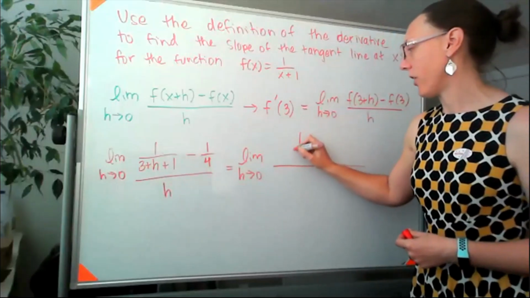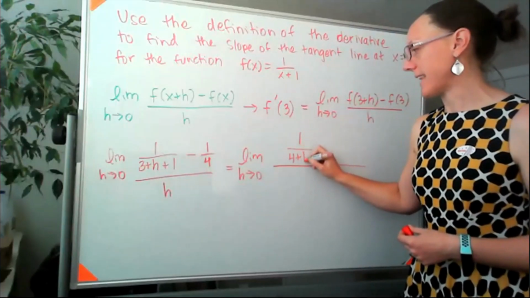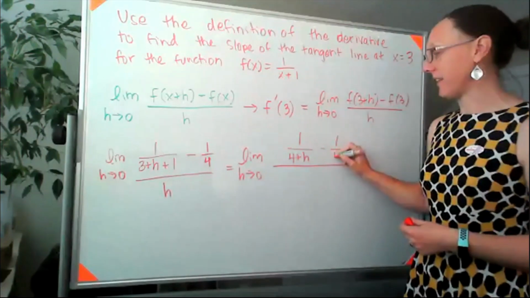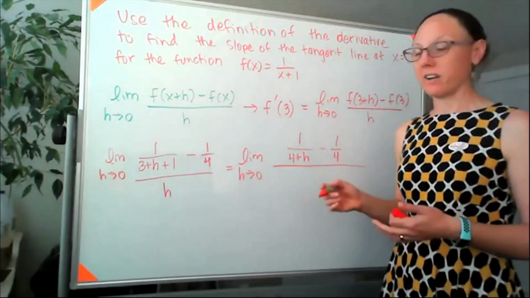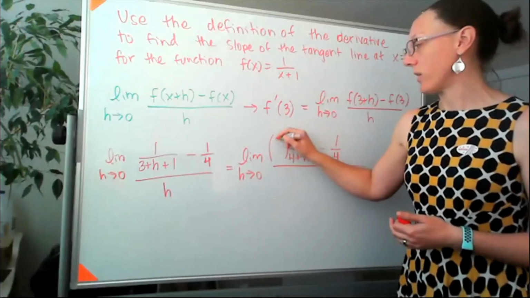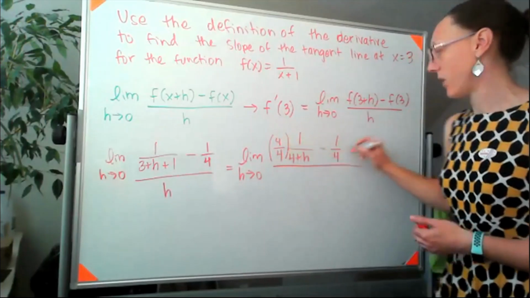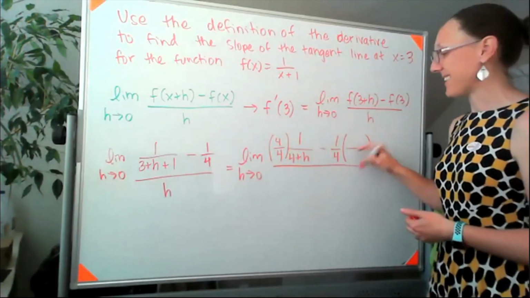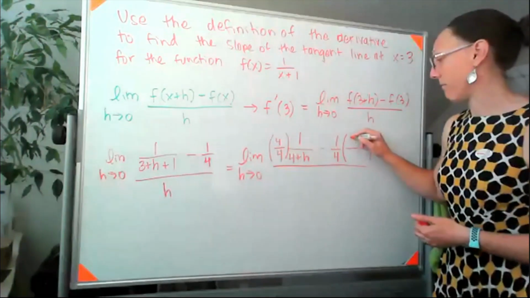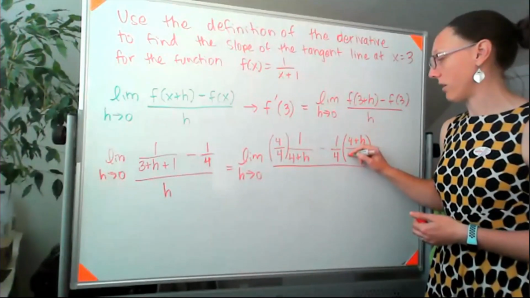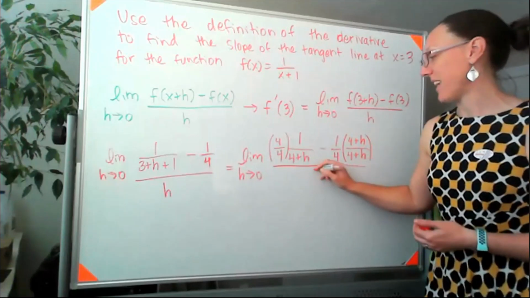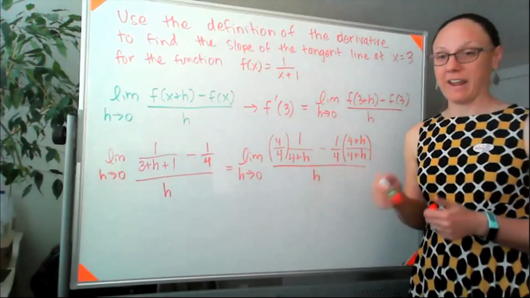So I've got 1 over 4 plus h, and then I'm subtracting 1/4. So to get a common denominator, this one needs to multiply by 4 over 4, and that second fraction needs to multiply by 4 plus h over 4 plus h. And then the whole thing is still over another h.